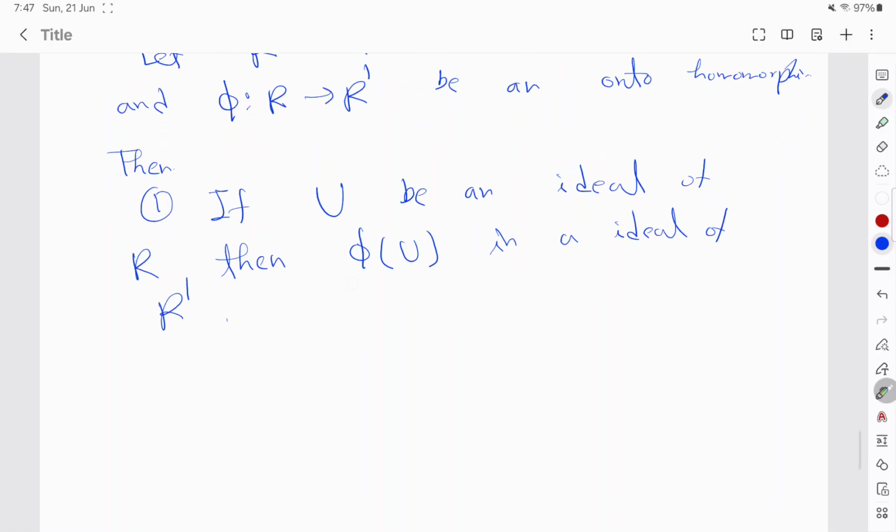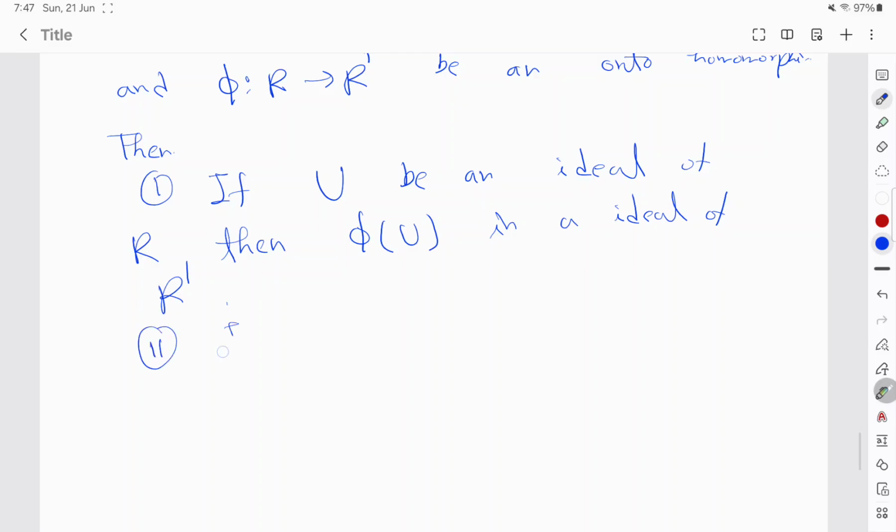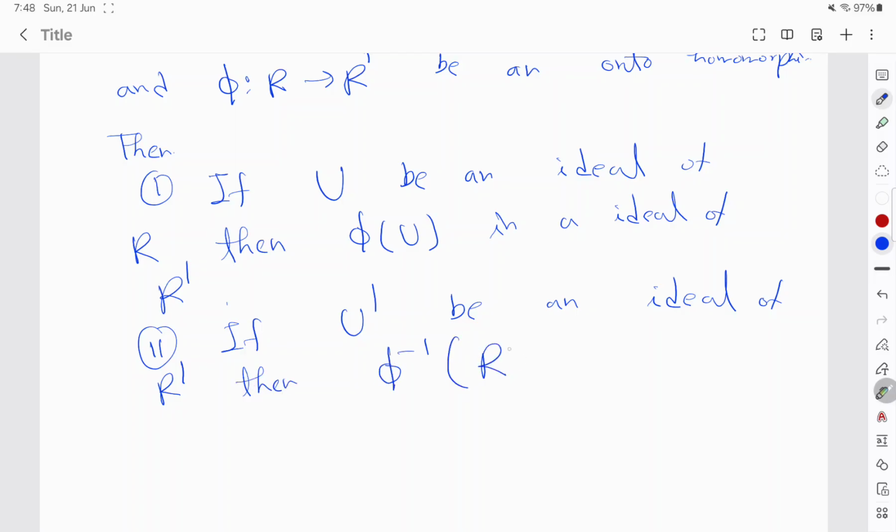And similarly the second one: if U dash is an ideal of R dash, then phi inverse of U dash is an ideal of R.